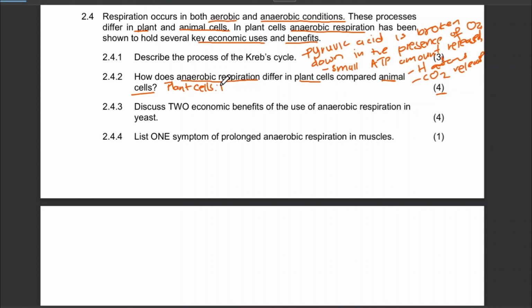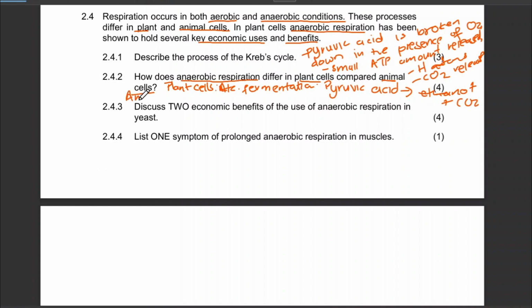In plant cells, we say alcohol fermentation will take place. This is where the pyruvic acid is broken down. Please do write it in full. I'm writing it like that because I don't have space. So the pyruvic acid will be broken down into ethanol plus carbon dioxide.